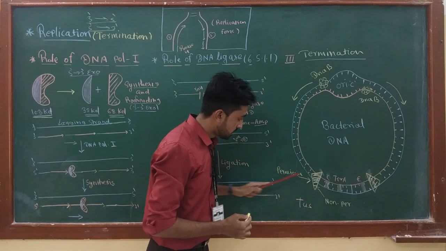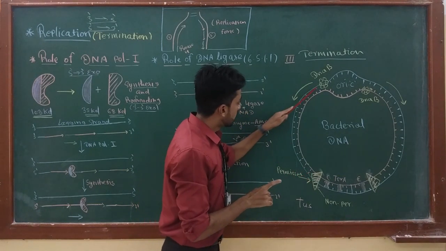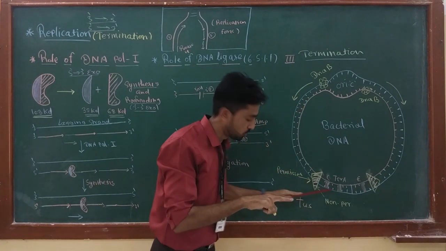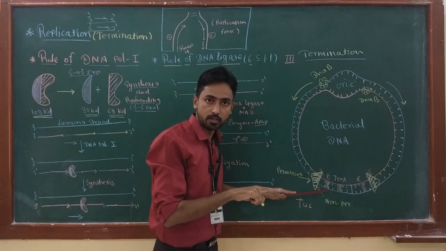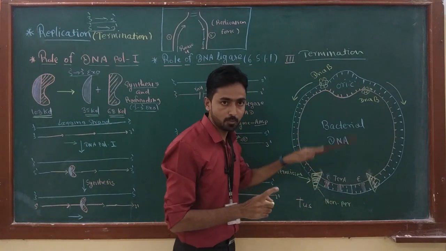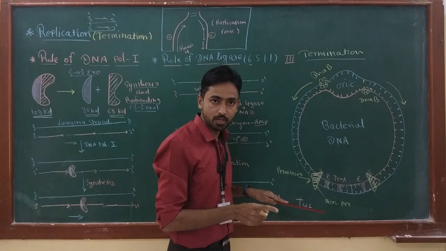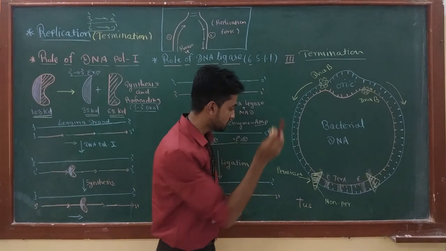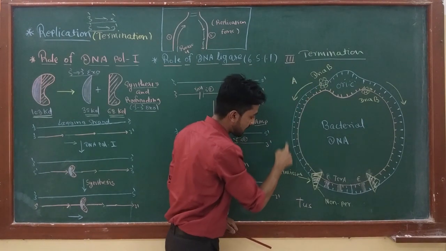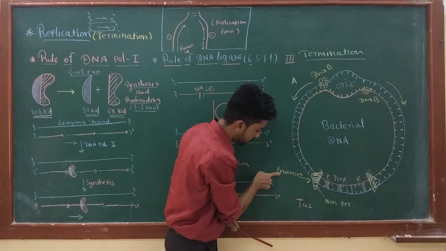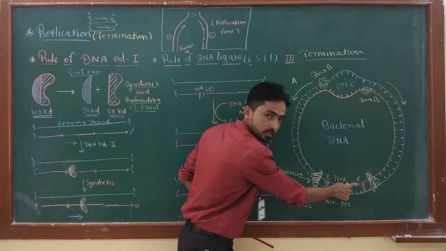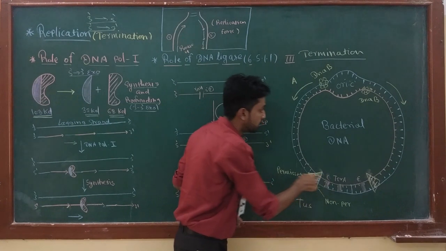The permissive site of the TUS protein allows the replication fork along with DNA polymerase 3 to pass through the TUS protein, while the non-permissive site does not allow the replication fork to pass. This is very important, because if replication fork A moves in this direction, it can easily pass through the permissive site and go towards the next portion of the DNA.